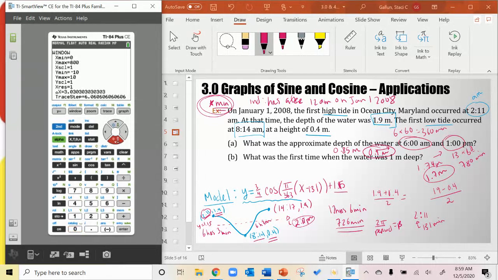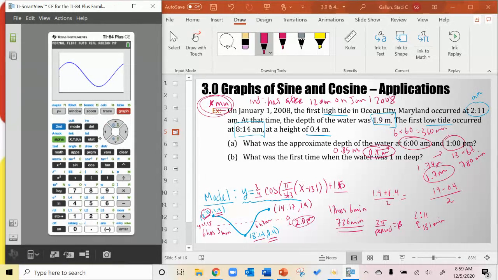And then my y, I'll go from 0 to 3, right? If the maximum is 1.9, actually, I don't even know if I need to go that high up. I'll go to 2.5.